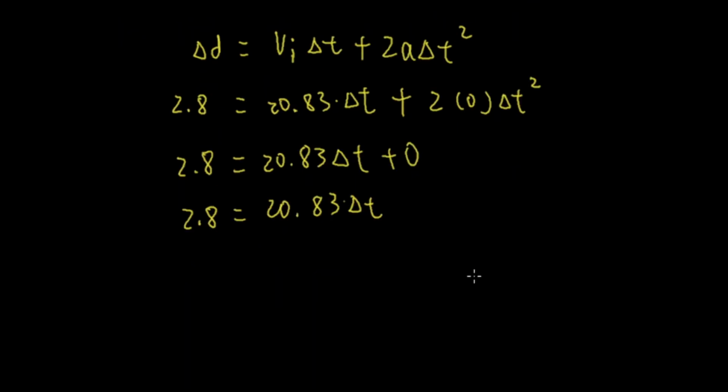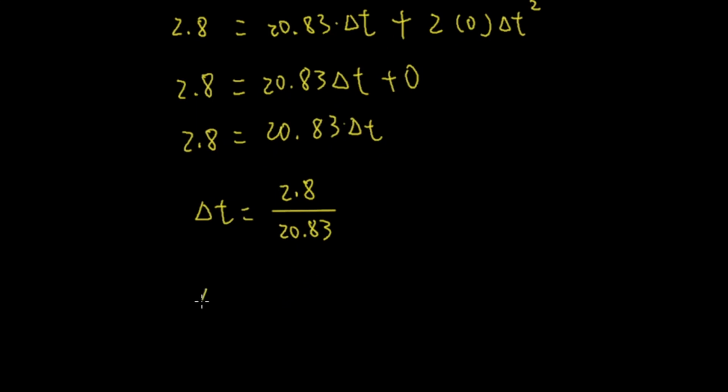Isolate delta t. That's equal to 2.8 divided by 20.83. Delta t is approximately equal to 0.13 second. So 0.13 second is your reaction time.